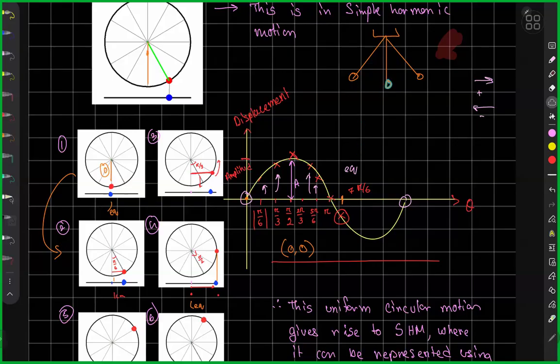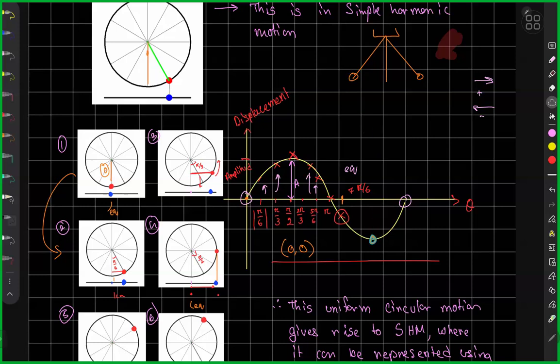Okay. So again, starting from 0, I go to the maxima. What is my radian over here? Notice maxima, amplitude, pi by 2. I come back to the equilibrium, right? What is my radian? Notice equilibrium, pi radian. I swing to the maxima on the negative end. What is the radian over here?